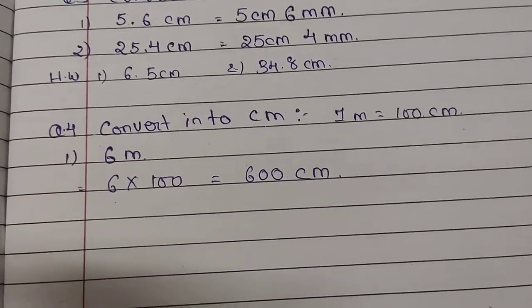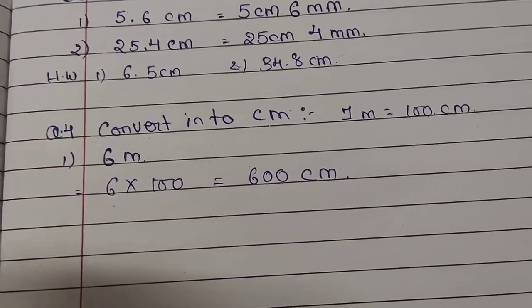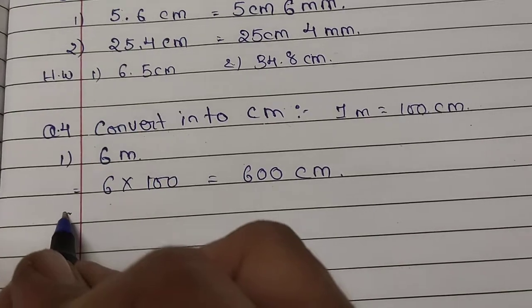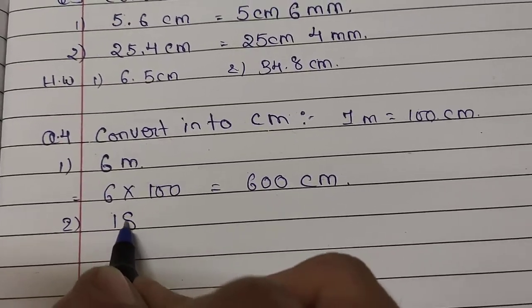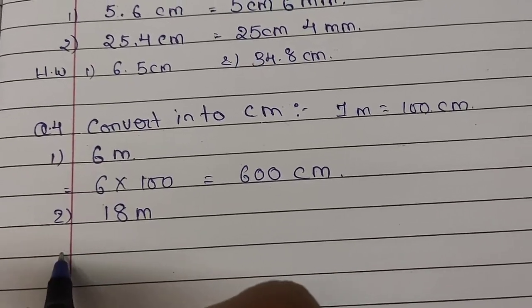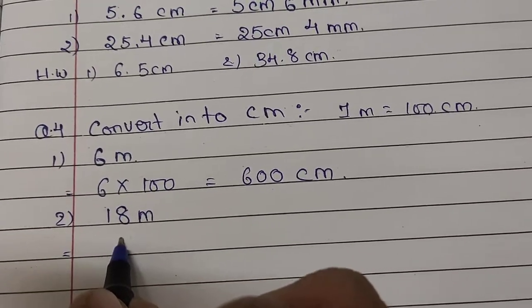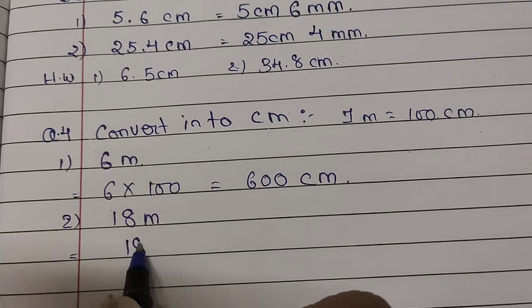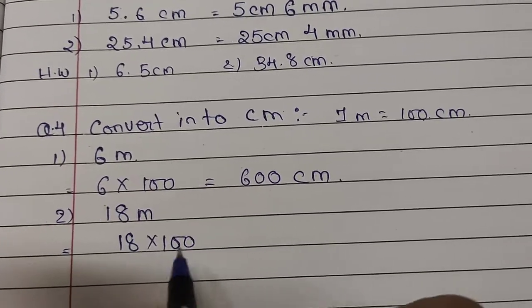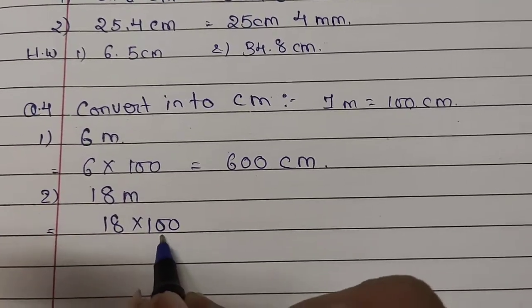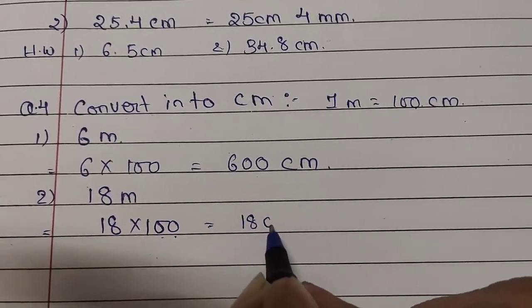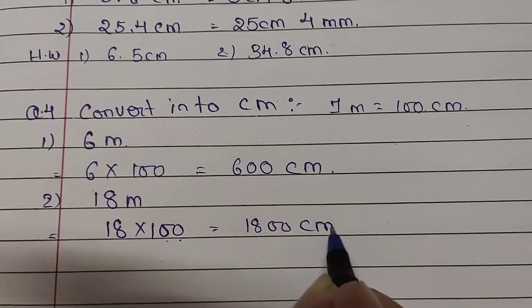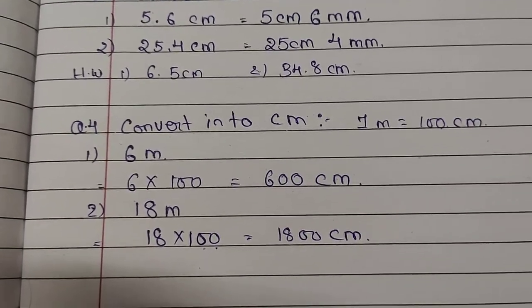centimeter. Understood, students? Then it is 18 meters. Then 18 multiplied by 100. In 1 meter there are 100 centimeters, so we are multiplying it by 100. 18 hundreds are 1800 centimeter.